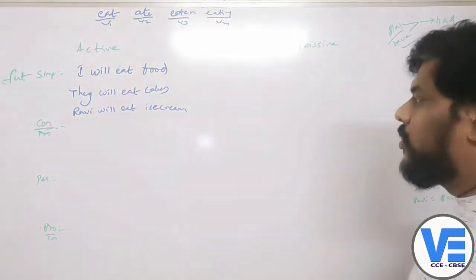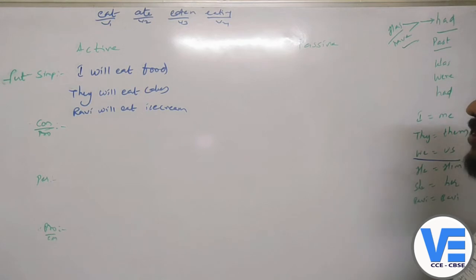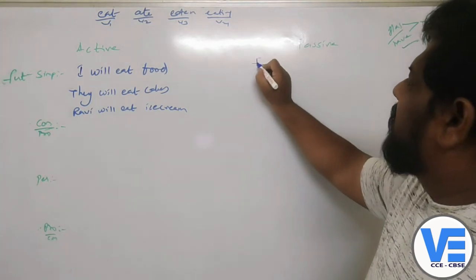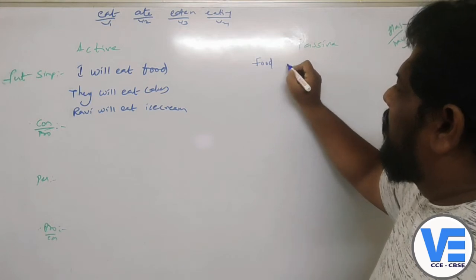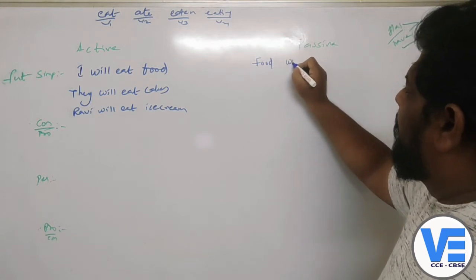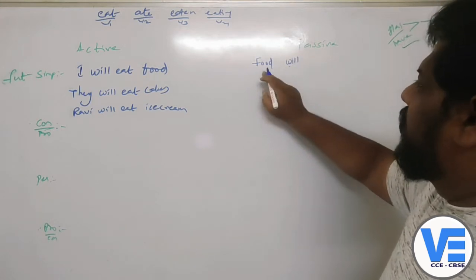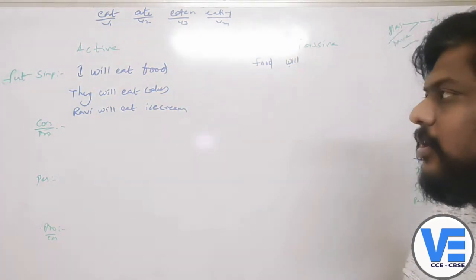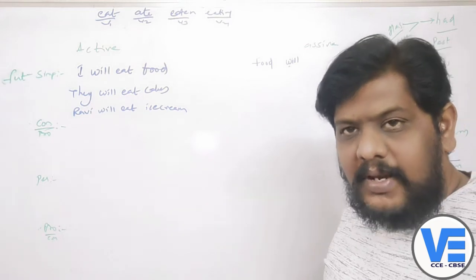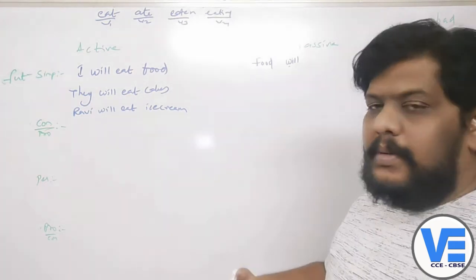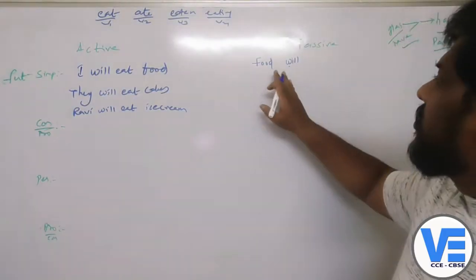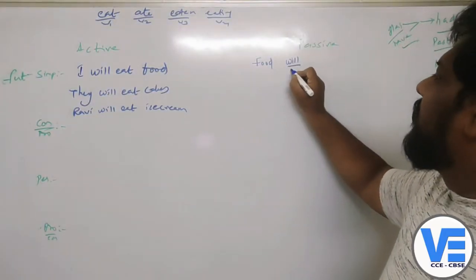So now how to change that into the passive voice? It's very simple here. I will eat food. So again, as per the rules we have learned yesterday, because it is a future tense, what will we be using here? We'll be using either will or shall here. So I'm taking will here. So this will denote the future tense.